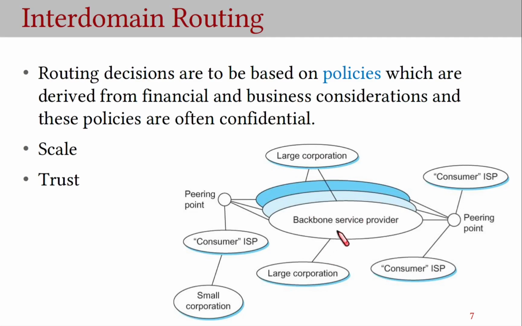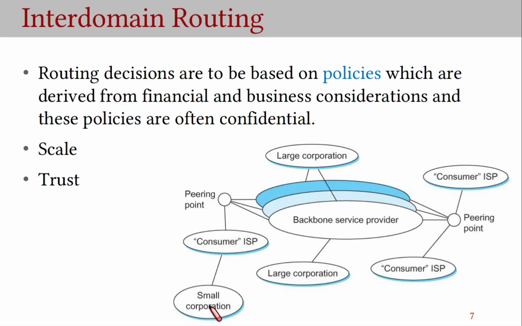And then there is a provider-consumer relationship that exists between these autonomous systems. So, for example, this large corporation here is the consumer, and this backbone service provider is the provider of service. Similarly, this consumer ISP provides services to the small corporation.